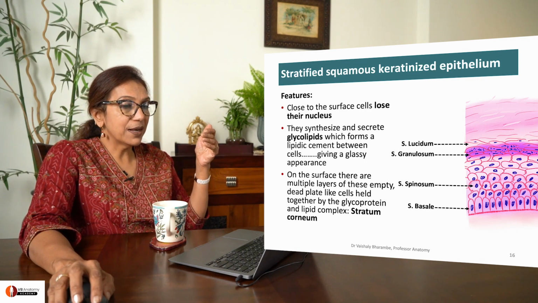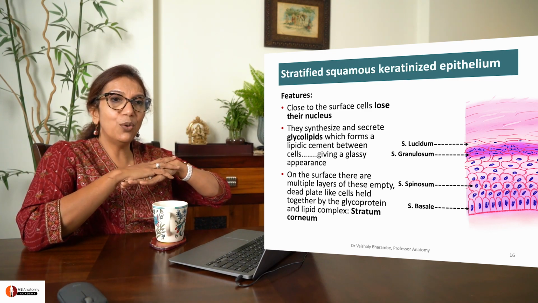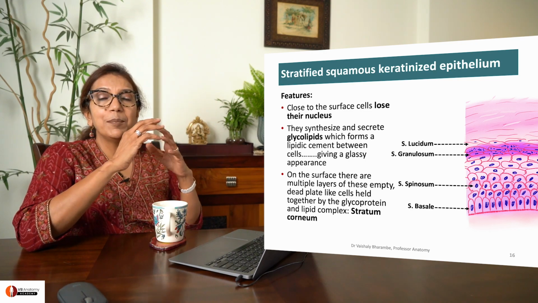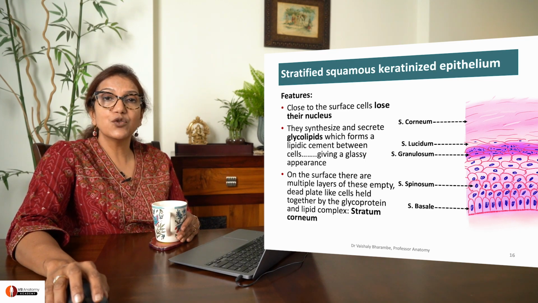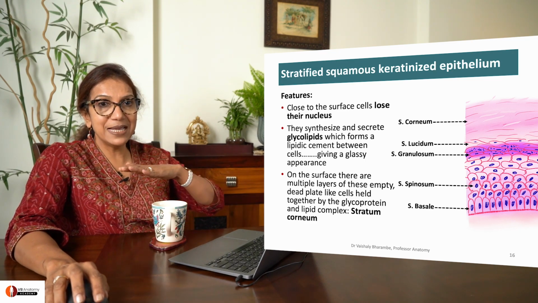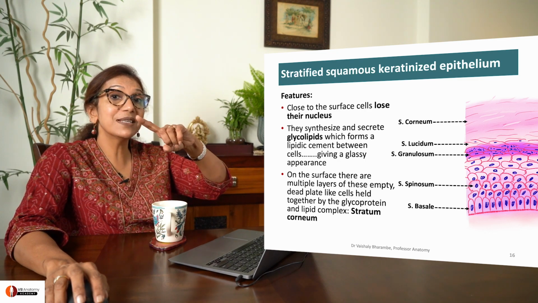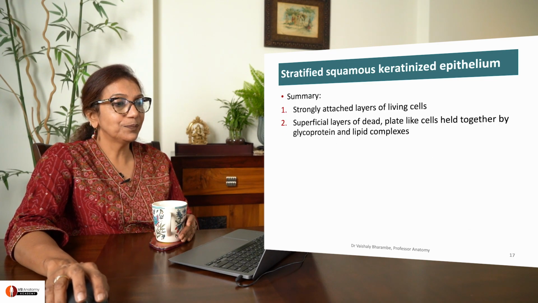Okay, they are flat plates of cells holding on to each other with the help of a glycoprotein lipid complex. This layer on the top is called as stratum corneum. Basale, spinosum, granulosum, lucidum is the one which is the lipid layer, and stratum corneum.